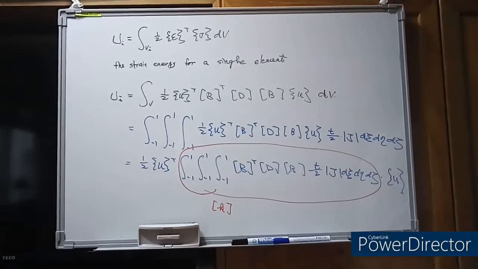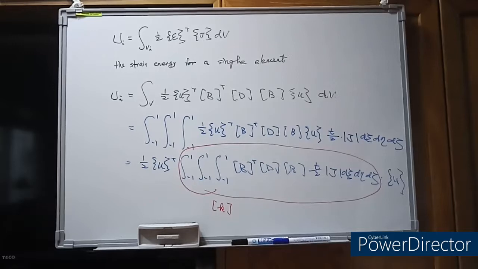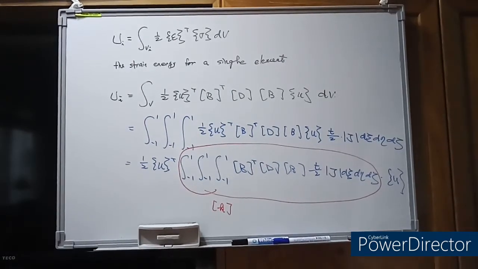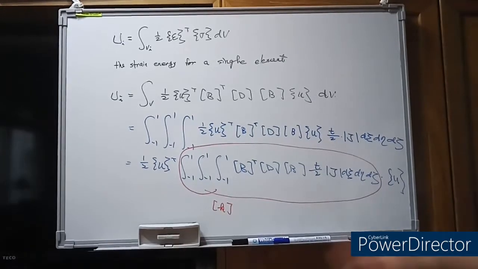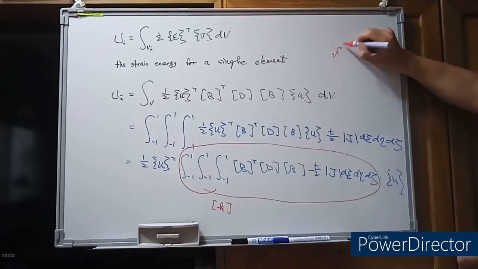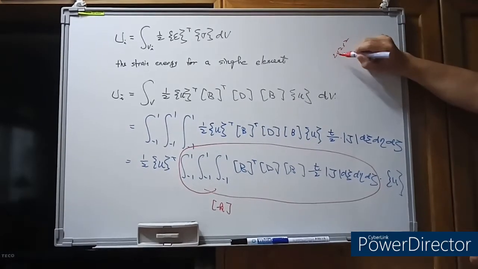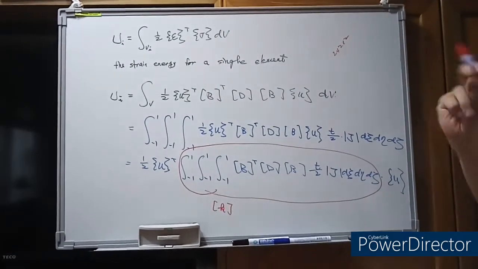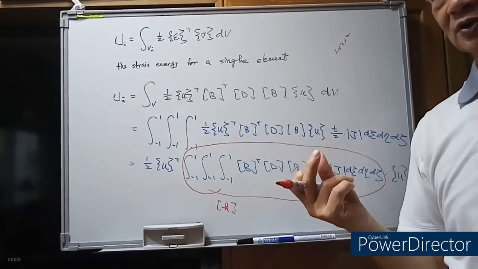Also remember, when you use the Gaussian quadrature, actually most of the time we will use the two-point rule. If you use the two-point rule, it means for the xi value we will take two integration points.